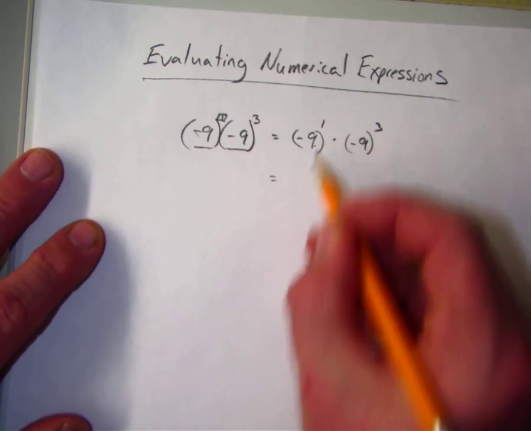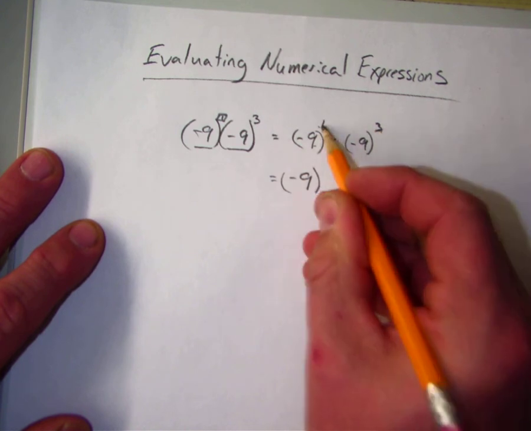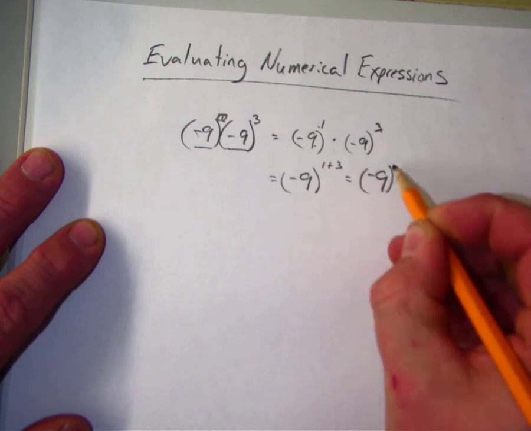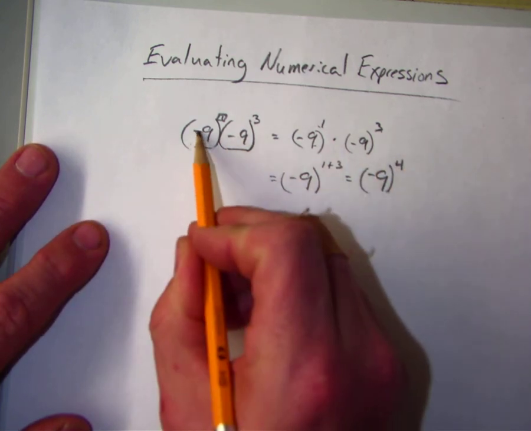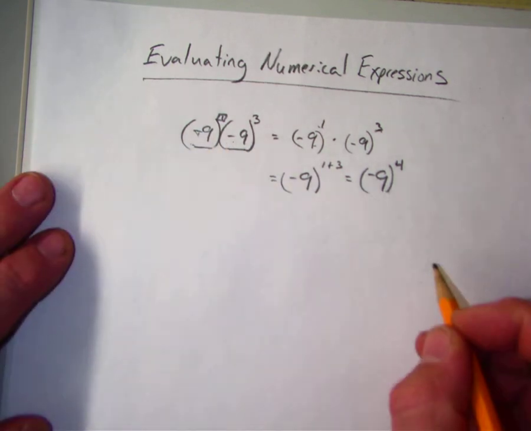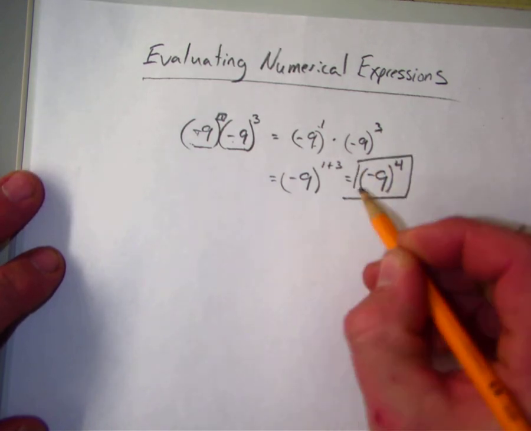So then, keep the base, and now I can add the exponents. So 1 plus 3 is negative 9 to the fourth power. And do not forget the parentheses, because we want to make sure we include the negative, because that's how they have it written first. And if we need to use a calculator, we can use a calculator from there.